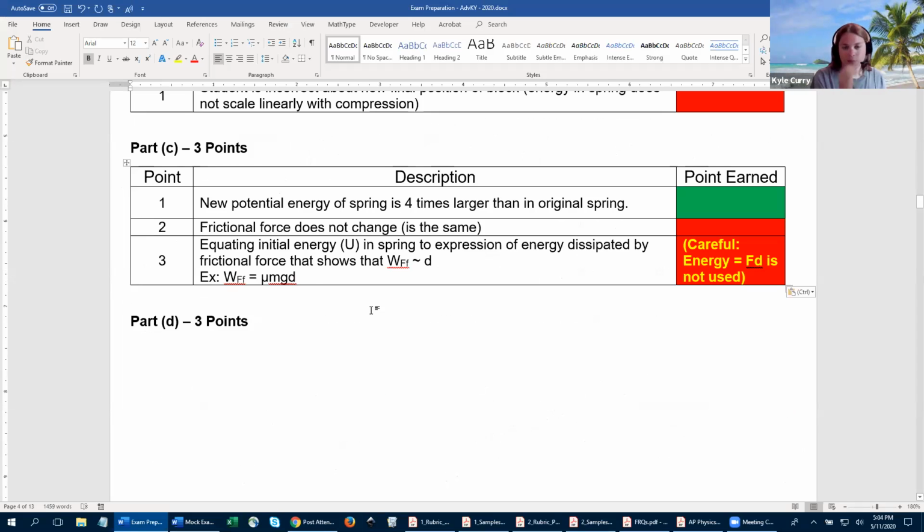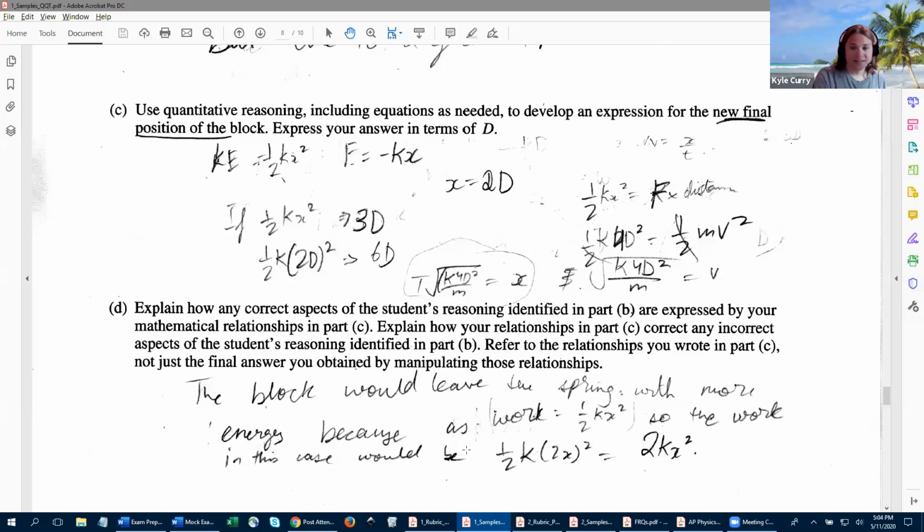So if we take a look here, because this did earn 1 point, the point that was actually earned is that the new potential energy of the spring is 4 times larger than in the original spring. So the question is, where do we find that? Right here. 1/2 K quantity 2D quantity squared.